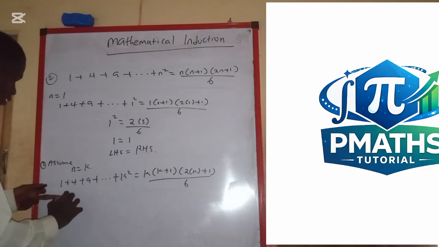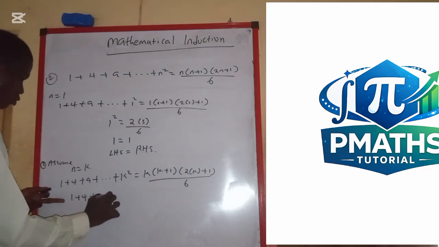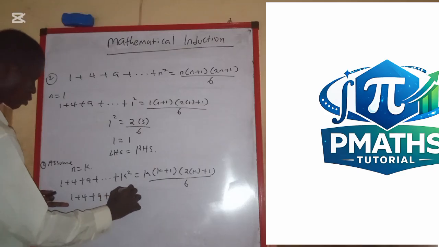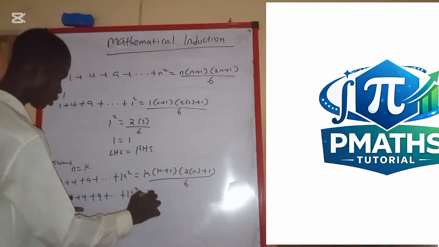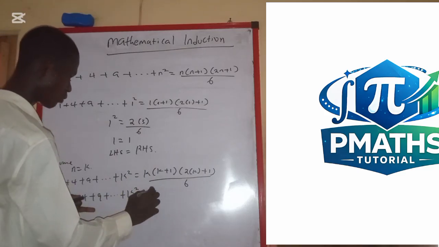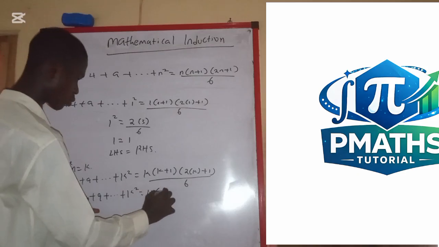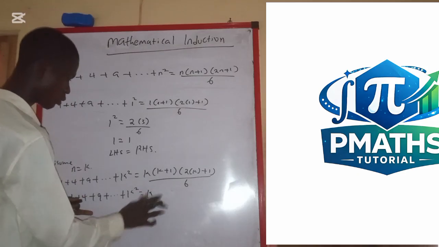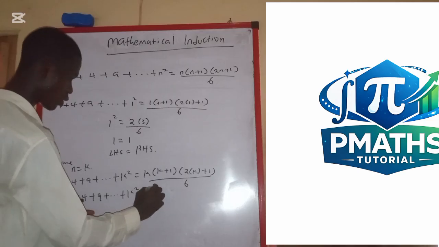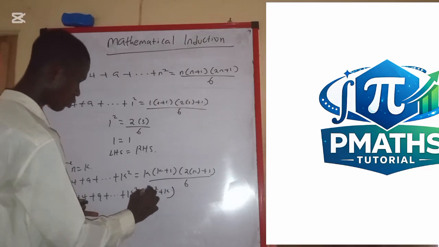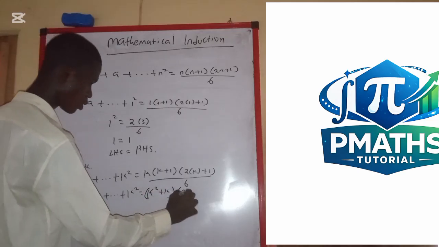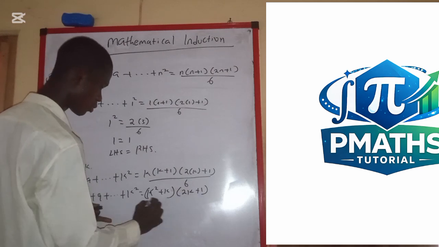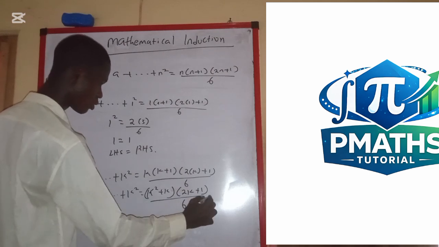So we can break it down again. That's 1 plus 4 plus 9 dot dot dot k squared equals k times (k plus 1), then break it down. That's k squared plus k, times (2k plus 1) over 6.